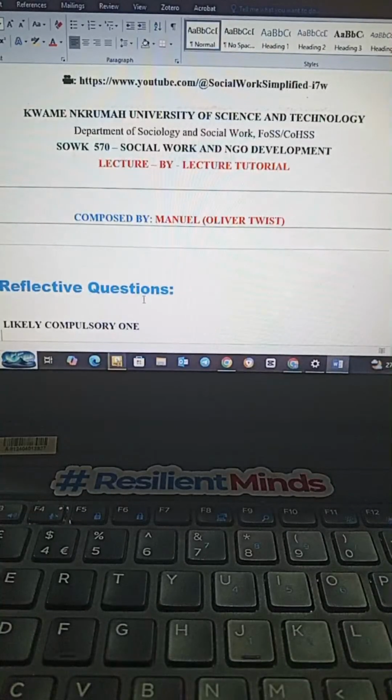So please make sure you read the instructions very well. As I've already told you, we will have 2 compulsory questions, and out of the 2, you are mandated to answer 1. You assess the 2 compulsory questions, and the one you think is best for you, you answer. From there, you come to your optional questions.